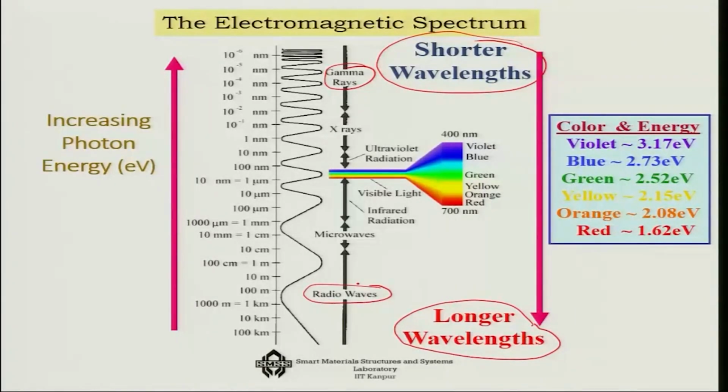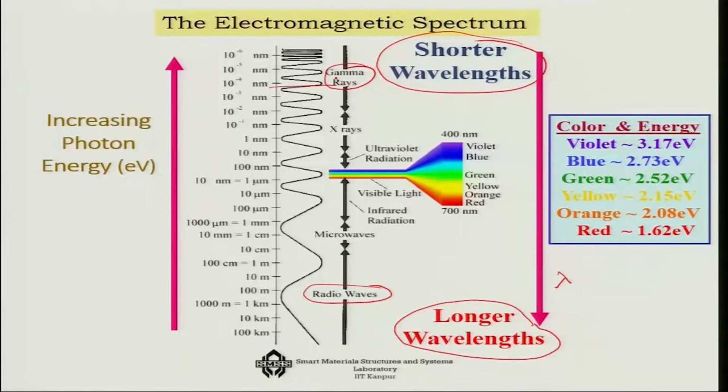So as the wavelength lambda increases, we are starting from the gamma rays which goes somewhere up to 10 raised to the power minus 4 nanometer or so. 1 nanometer is 10 to the power minus 9 meter. So you can imagine how small that wavelength is.